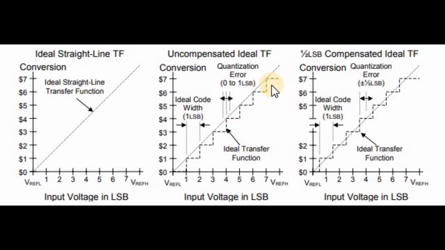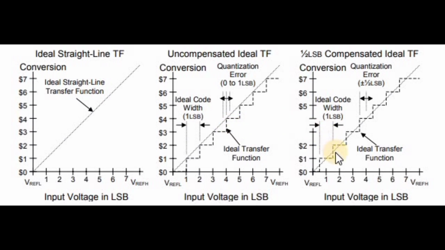You can see the difference between this 1 and 2. This is considered as 1 LSB, that is the ideal code width. There may be a change in this value. It can go either this way or this way. This is represented as a quantization error, and it ranges from 0 to 1 LSB.